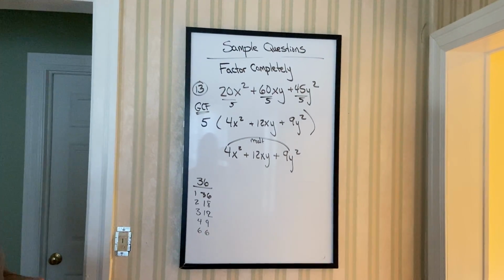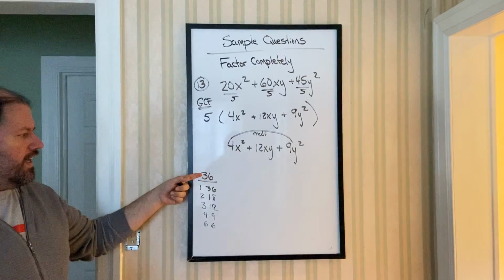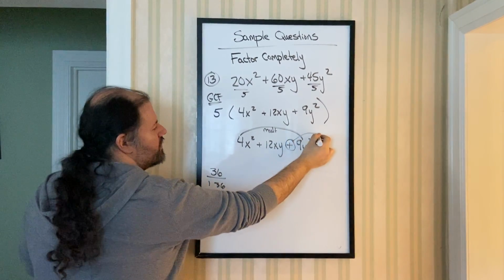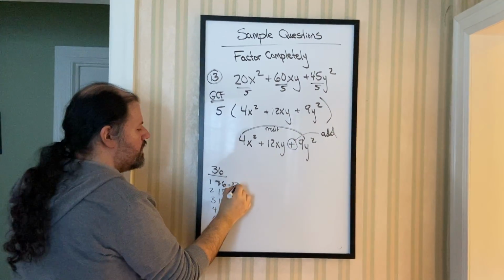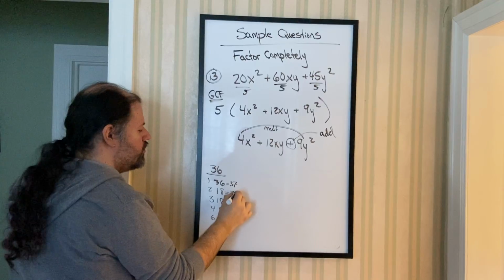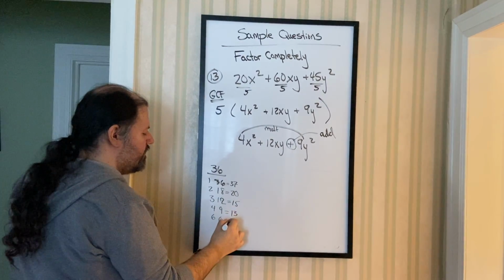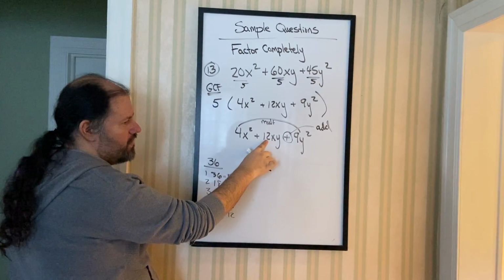We know that once we get our combos list, so we got our step 1 and our step 2, we're going to have to add the list, so step 3. We're then going to do step 4, choose a combo. How do you choose a combo? Well, remember, one of these totals should match the middle coefficient.